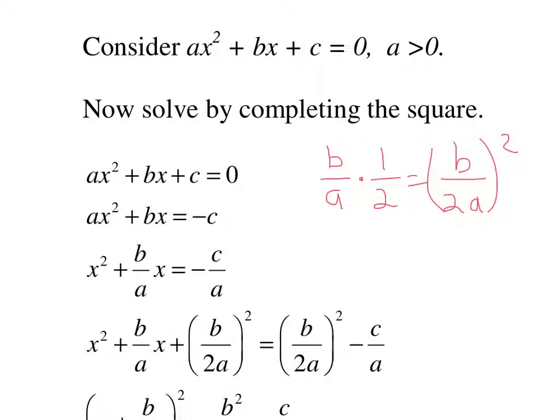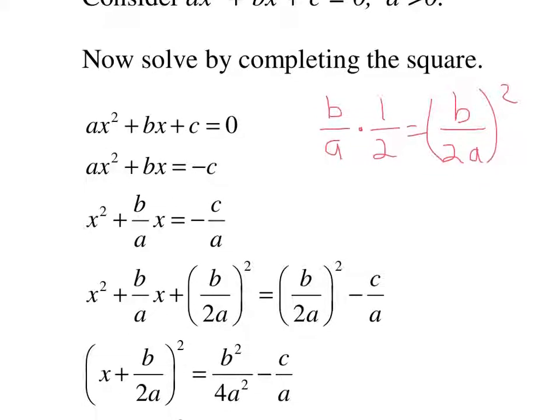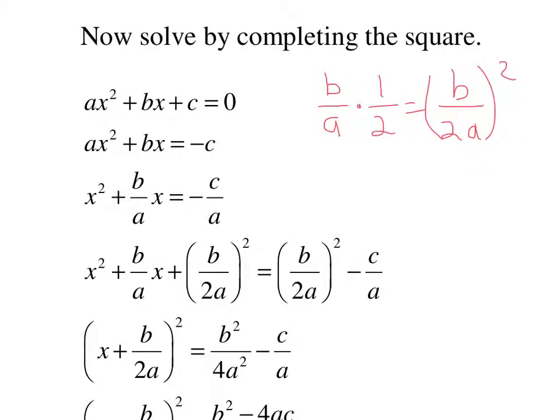We want to, on the left-hand side, factor that into a perfect square. That'll be the quantity x plus b over 2a squared. On the right-hand side, we want to combine these two. Let's go ahead and square b over 2a. That's b squared over 4a squared. We want to find a common denominator on the right-hand side.